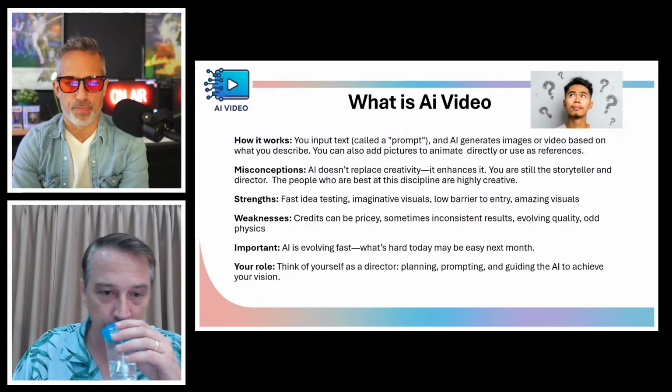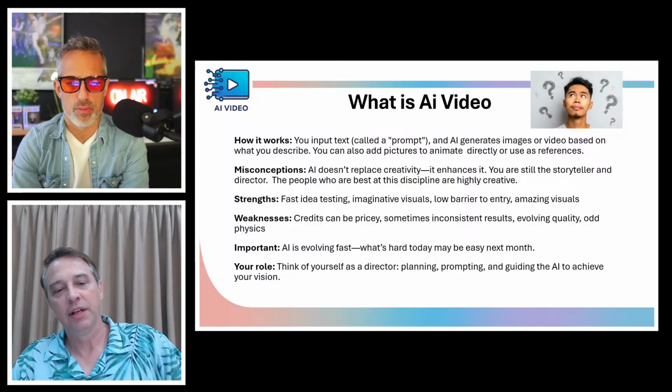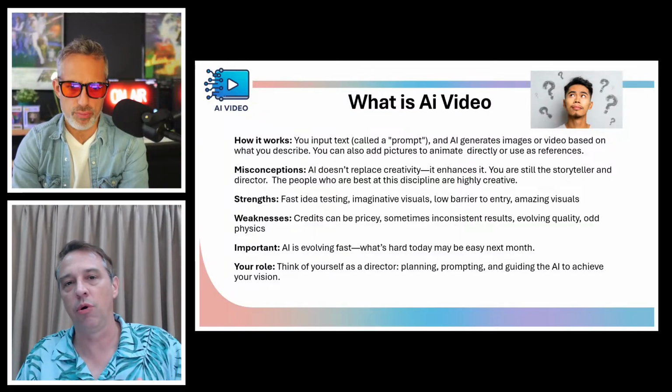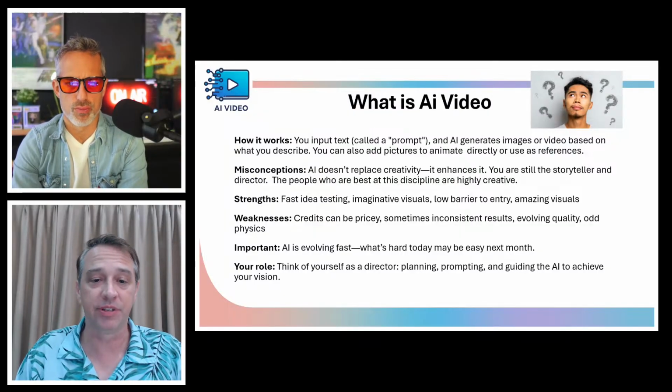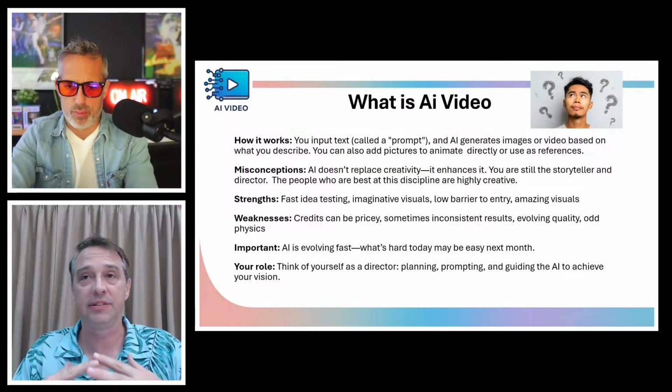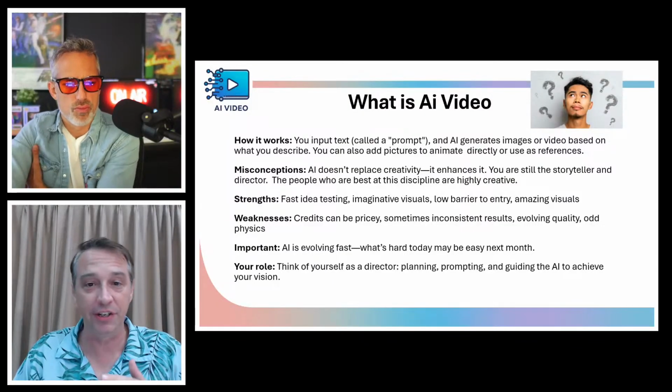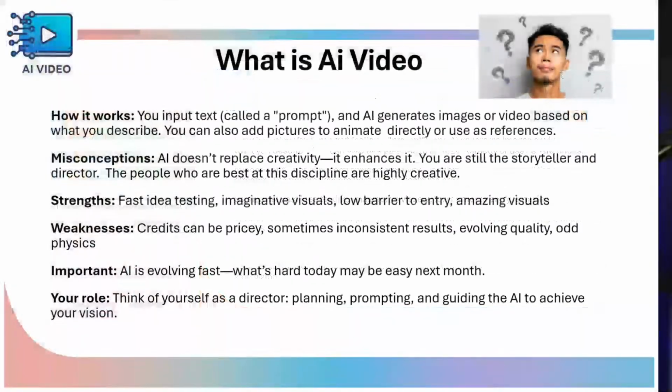It's unbelievable. Okay, let's talk a little bit about weaknesses for AI, like some problems it has right now. Now, this technology is not finished, it's not perfect, so there's some issues. Credits can be a bit pricey, and so a lot of what I'll talk about here and there is whether something's expensive or not.